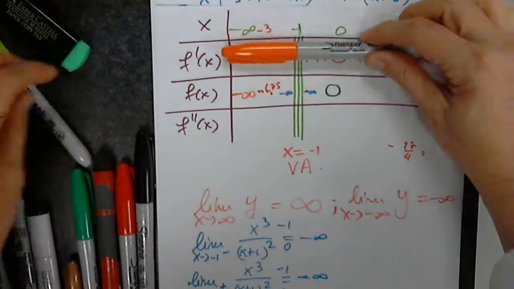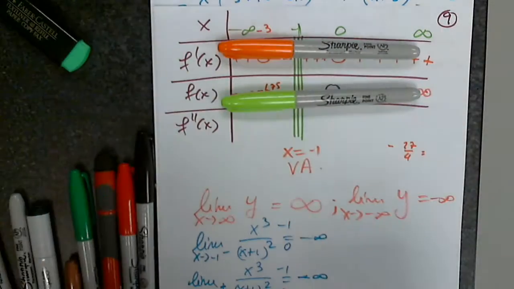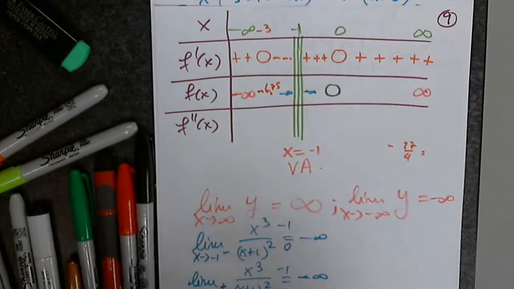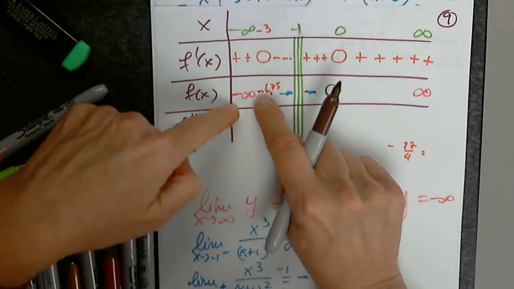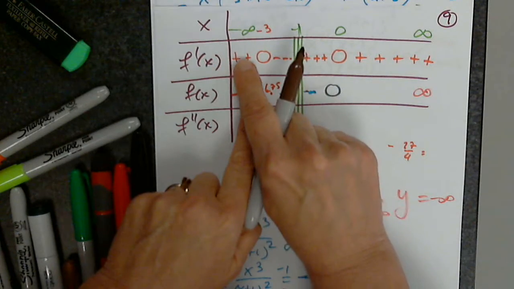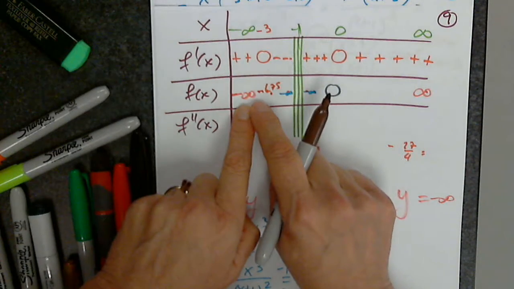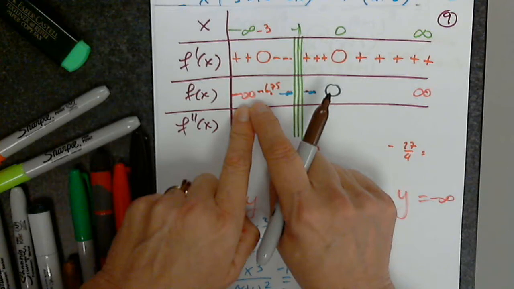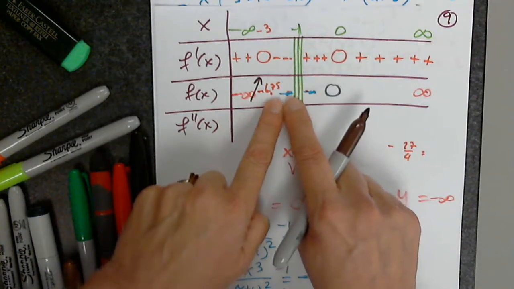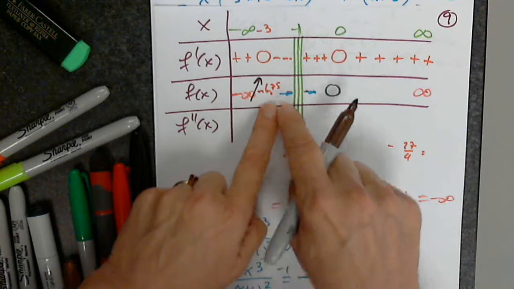So now I'm trying to make sure that these two rows work in sync. From -infinity to -3, the function increases. Does the sign of the first derivative support that? Good. From -3 to 0, the function decreases.